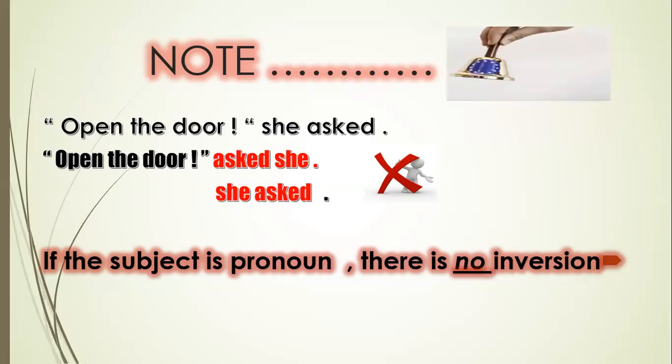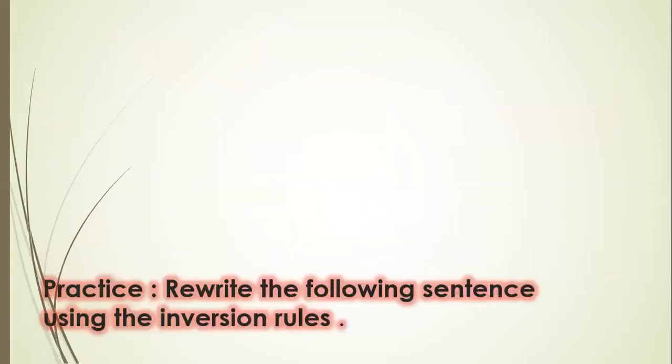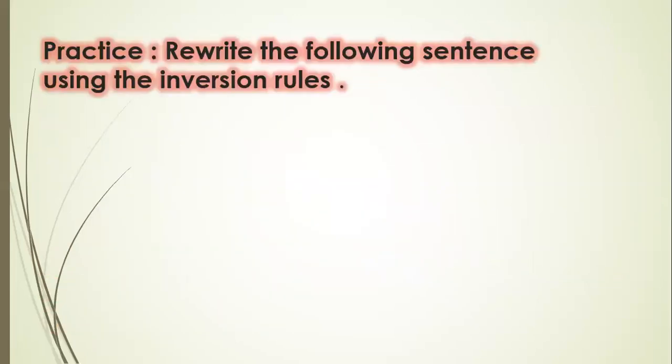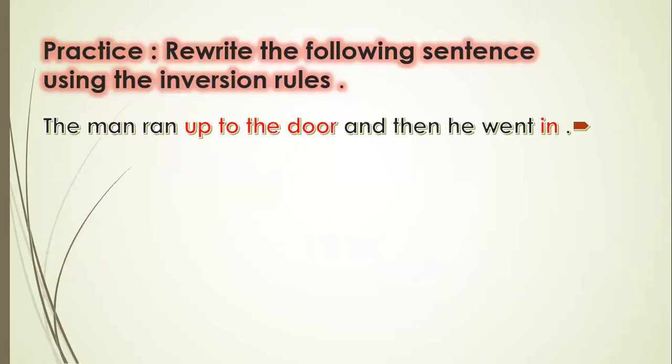So let's start with this practice. The first practice in our lesson, rewrite the following sentence using the inversion rules. I am going to give you a sentence that contains two clauses, okay? The first clause is, the man ran up to the door and then he went in. Let's start with the first clause.